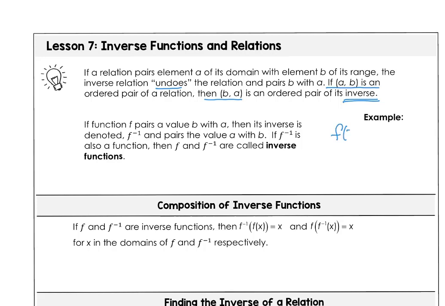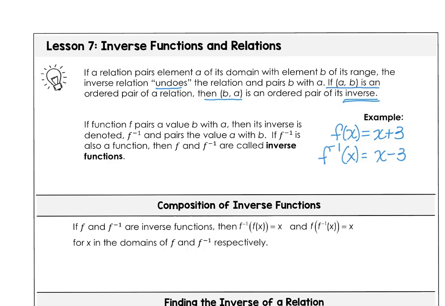An example of an inverse function, let's say we had the function f of x is x plus 3. The inverse function, f inverse of x, is going to be x minus 3. And you can explore those properties later at the end of the lesson.